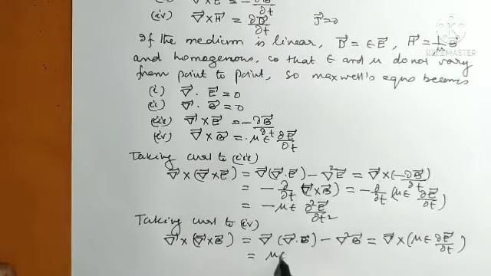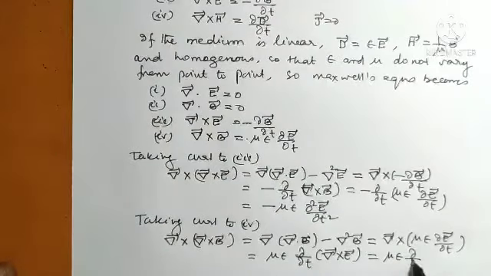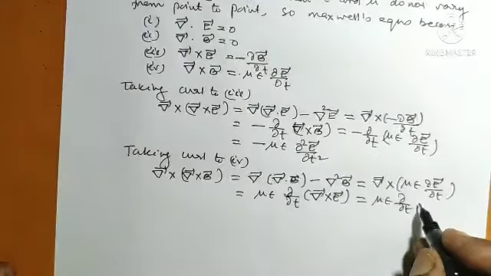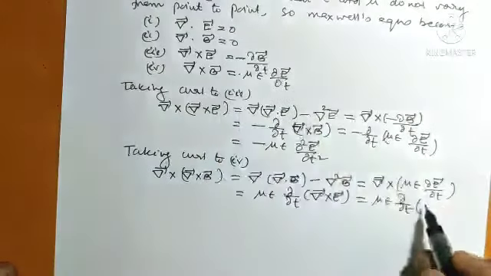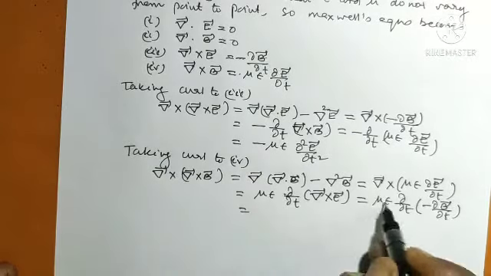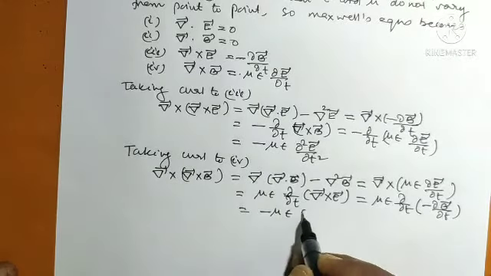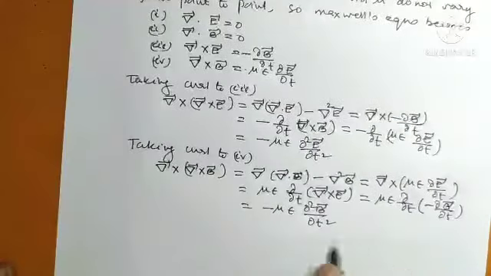This is equal to mu epsilon del by del t of del cross E, and del cross E is minus del B by del t, so minus mu epsilon del by del t of del B by del t. This is equal to minus mu epsilon del square B by del t square.